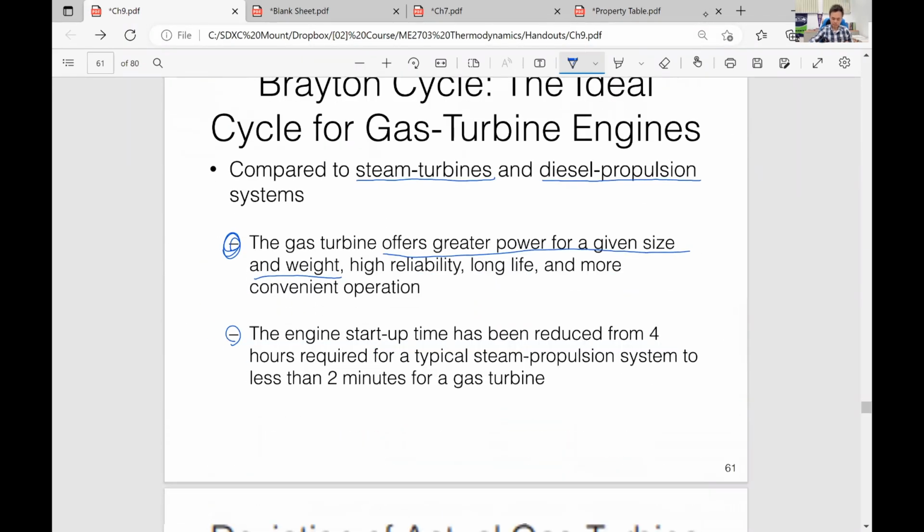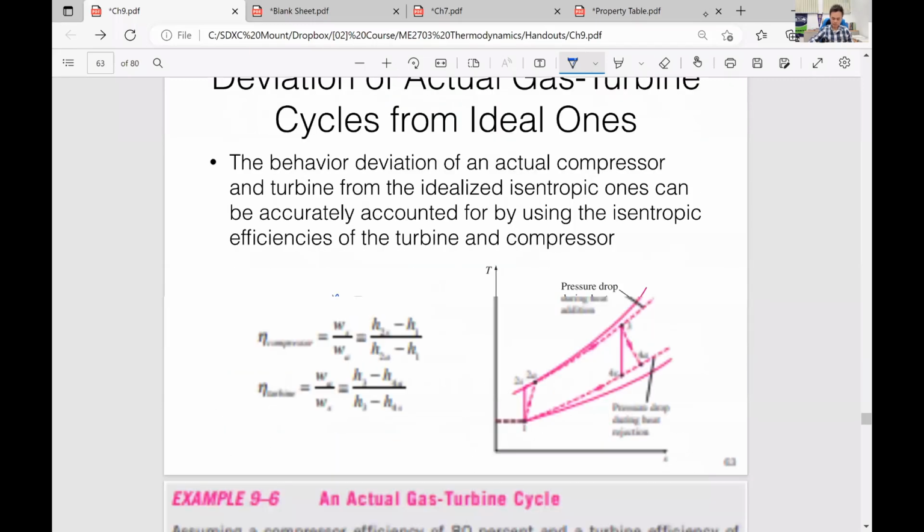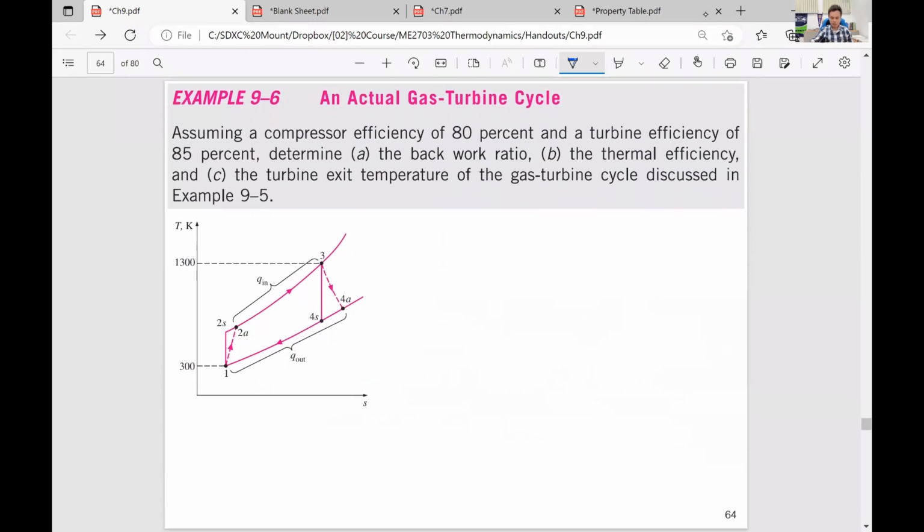So this one says that assuming a compressor efficiency of 80% and turbine efficiency of 85%, we're looking for the backwork ratio. Let's deal with the compressor efficiency first.